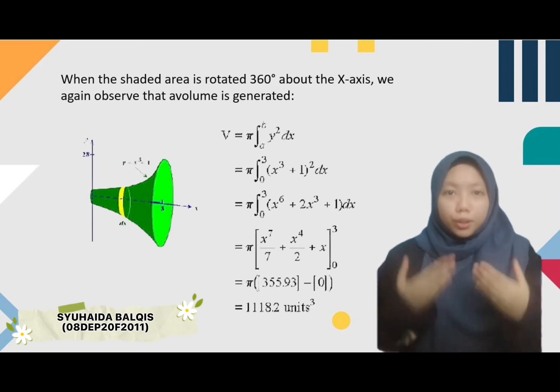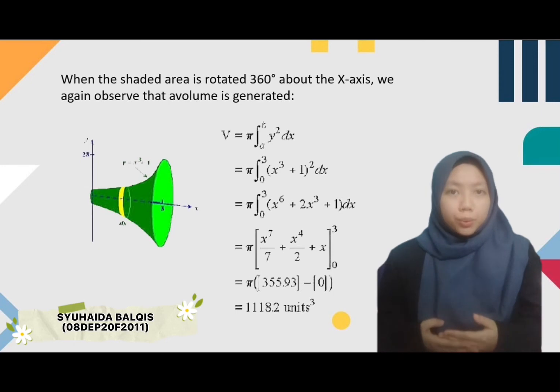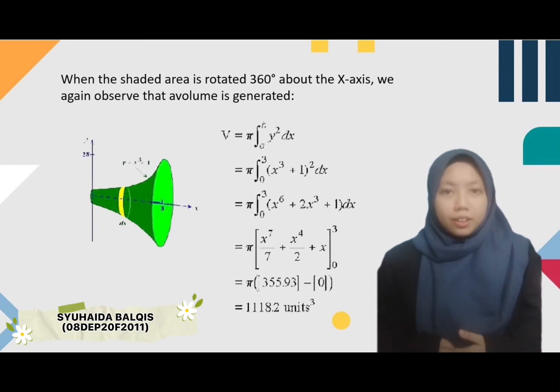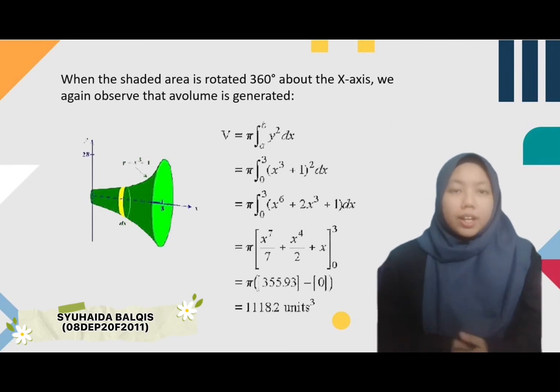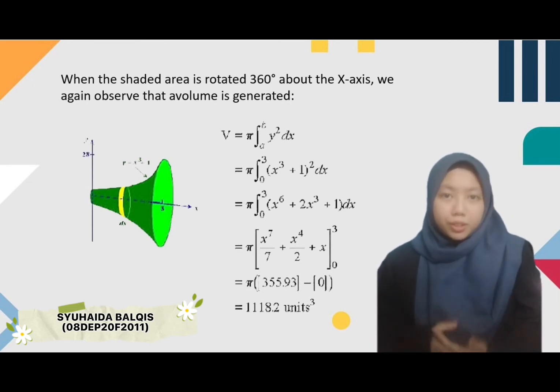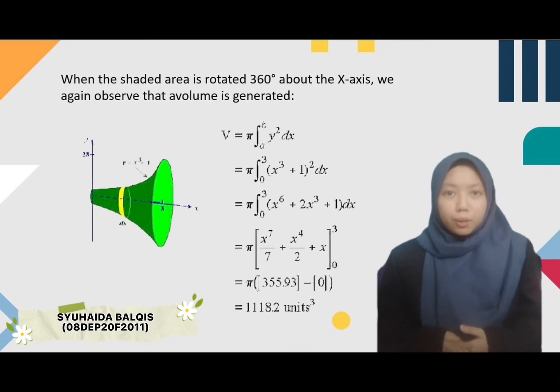First, we are going to use pi y squared as the formula to get the volume. Then, we replace y with x to the power of 3 plus 1. Region A will become 0 and region B will become 3. After that, we expand x to the power of 3 plus 1, squared.